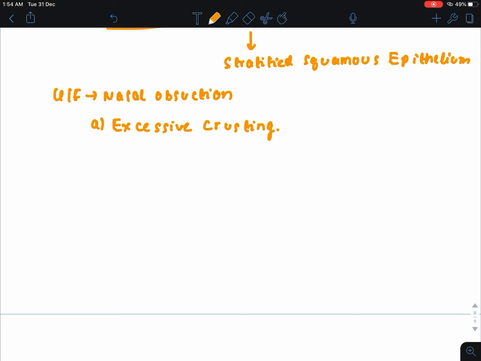The crust formation has occurred, and also because of the loss of sensory nerves the patient feels like his nose is blocked.